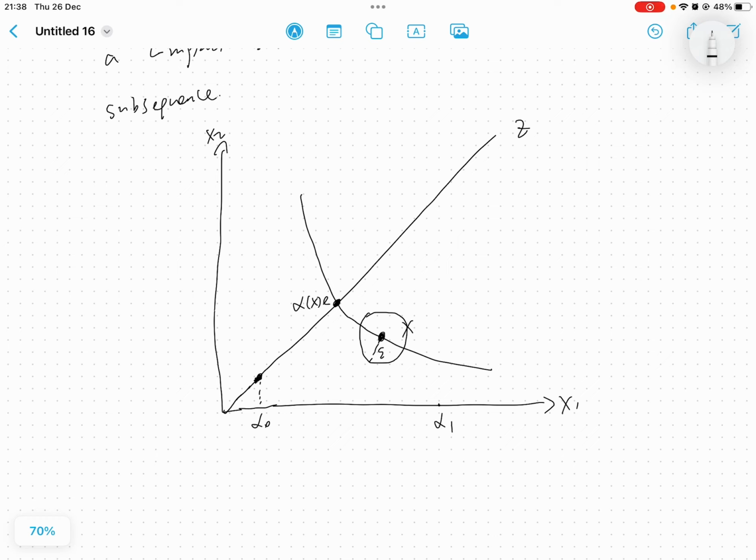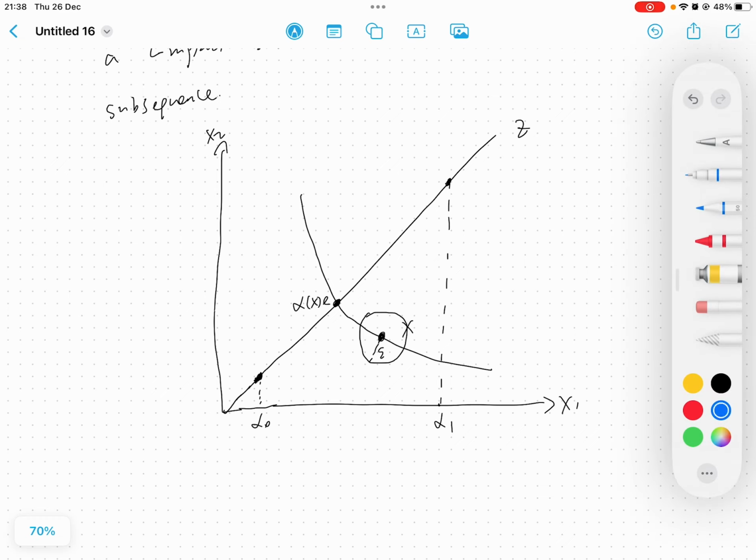Okay, good. So this compact subset of Z is something like this. Okay, so let's use a blue color. So this set here would be the compact subset of Z, with the boundaries of alpha 0 and alpha 1. Okay.